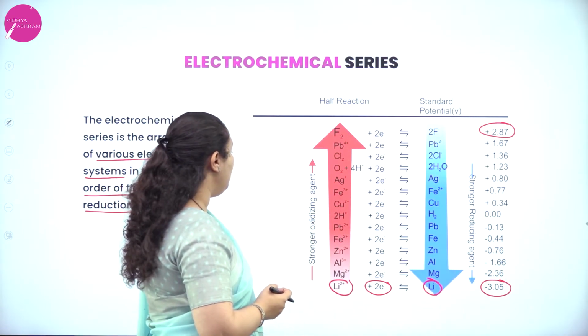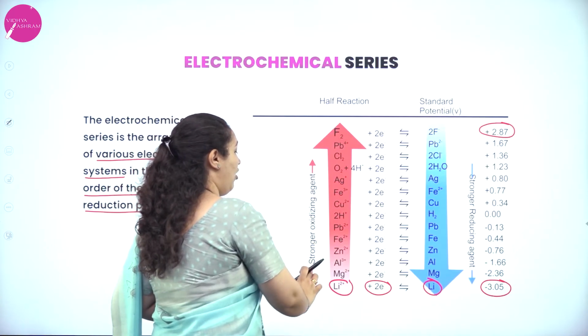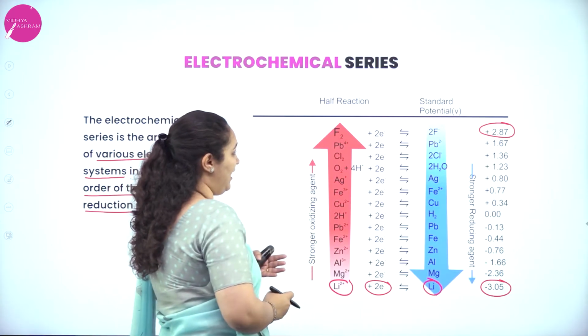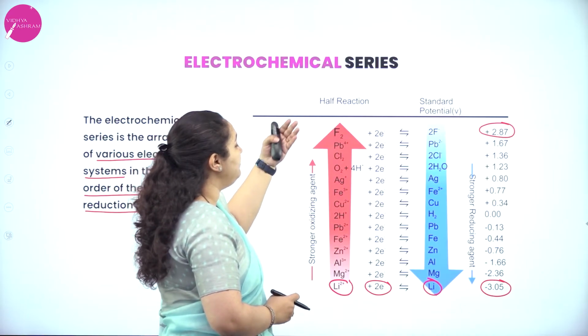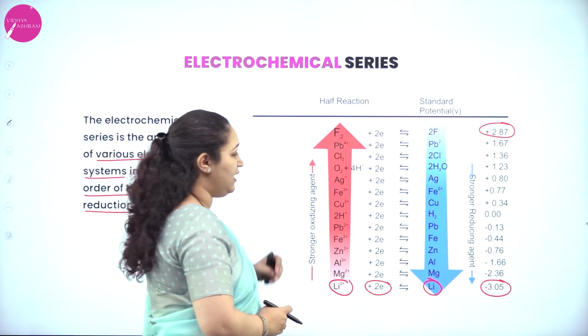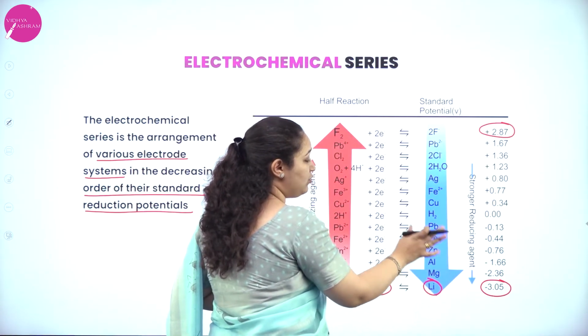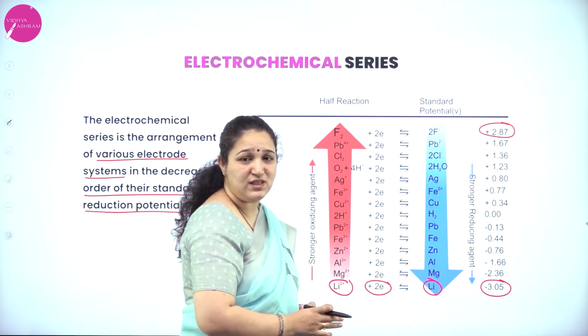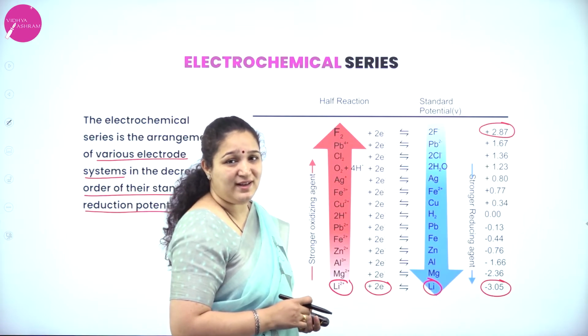Okay. Now, if we go from below to above, they all are stronger oxidizing agents. I can tell fluorine is a stronger oxidizing agent, or I can tell chlorine is a strong oxidizing agent, whereas lithium is a strong reducing agent. Okay.